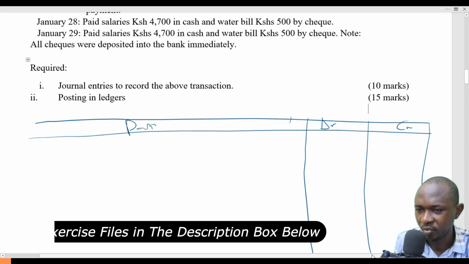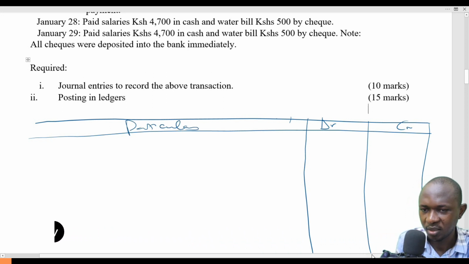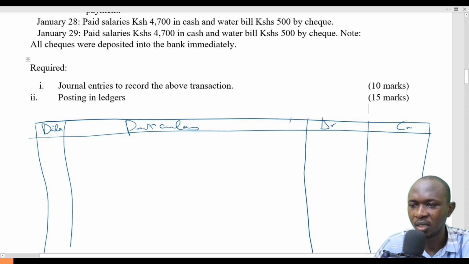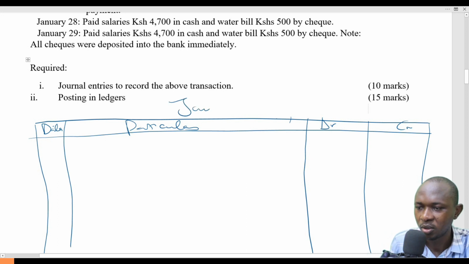Then of course you can have particulars. It is not a must to have the date, but for the sake of it, let's have the dates here, so we have date, particulars, debit and amount. And these are journal entries, so you write journal entries.